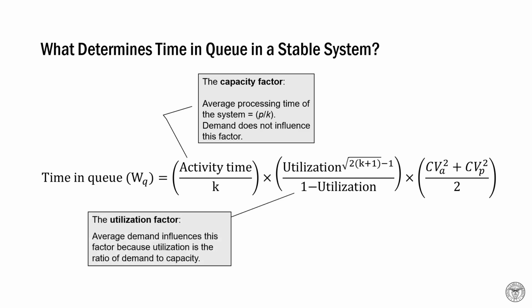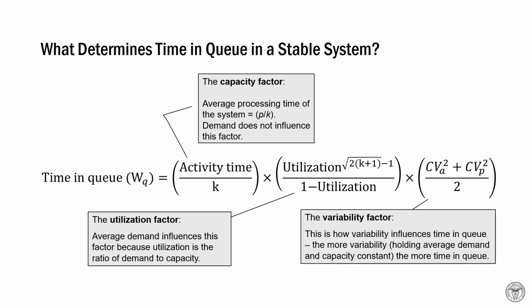The second component is the utilization factor. Average demand comes into play here, as utilization is essentially the ratio of demand to capacity. Lastly, the variability factor reflects the impact of variability on queue time.